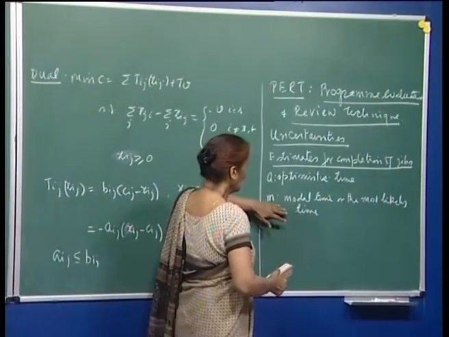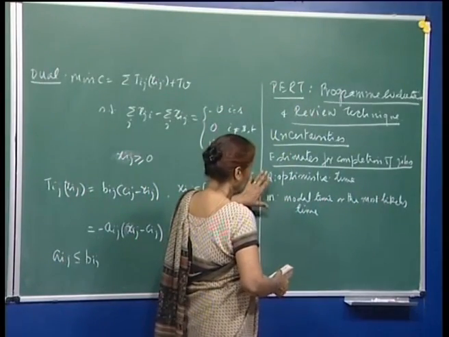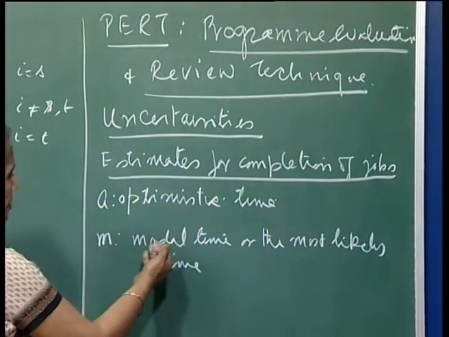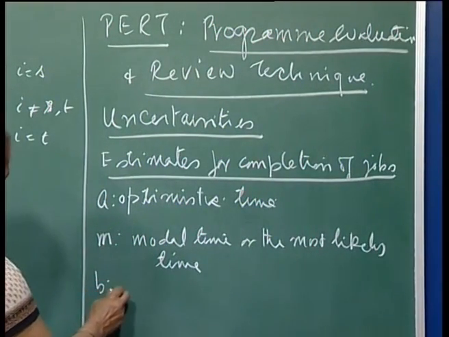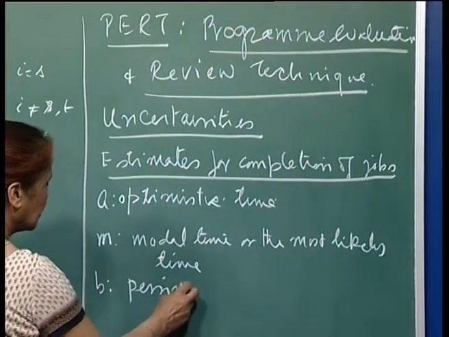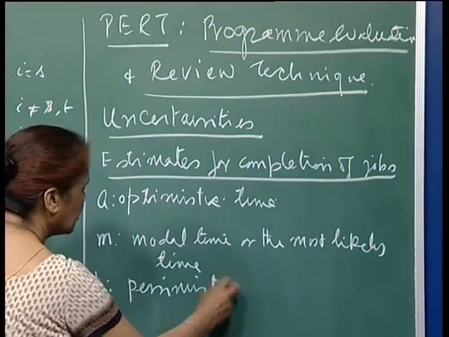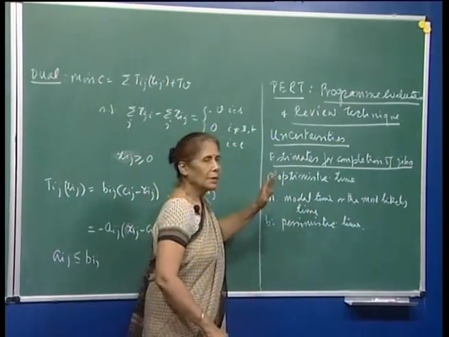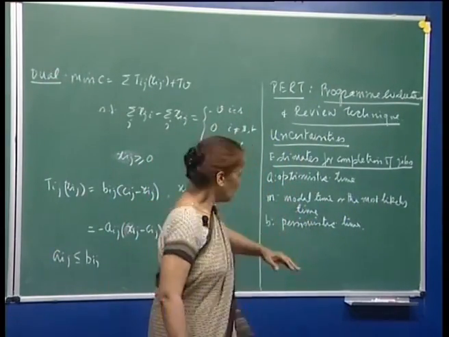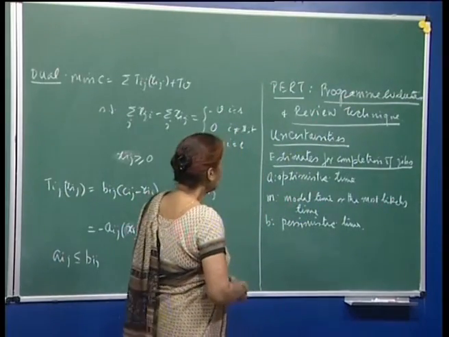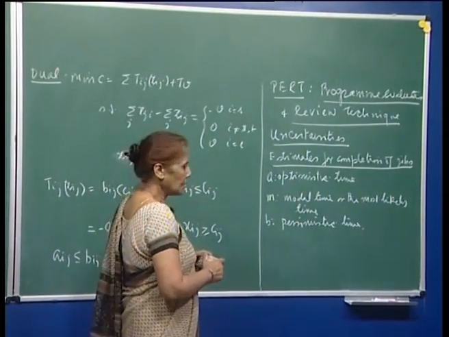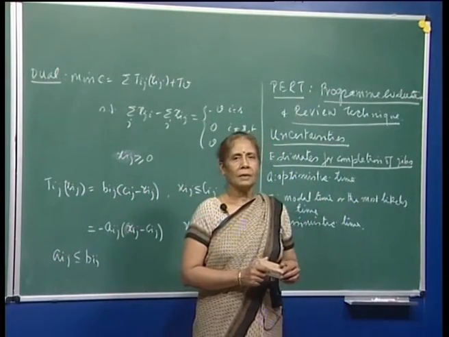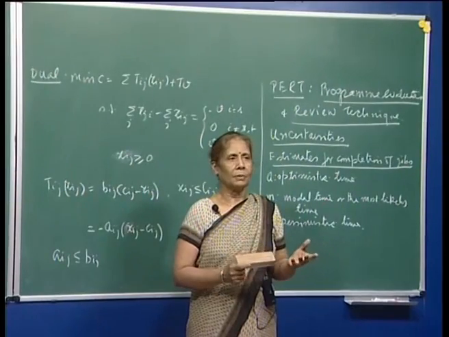So, the person concerned with the particular activity or job gives you the estimate that, okay, I think this would be the most likely time, and then B is the pessimistic time, that means when everything can go wrong. So, these are the three estimates given, and since there are uncertainties, we say that the completion time for each activity is a random variable.